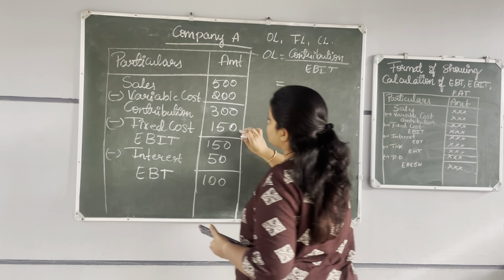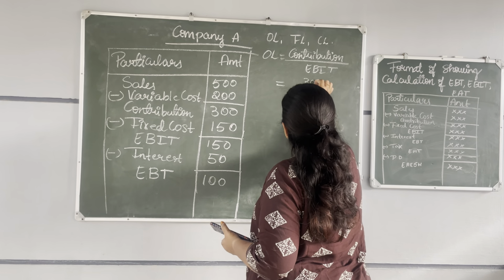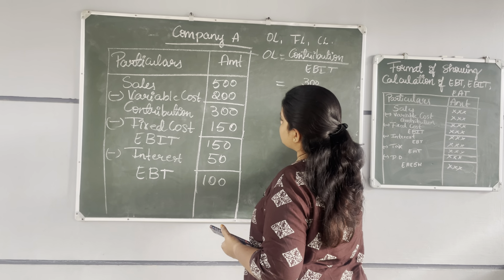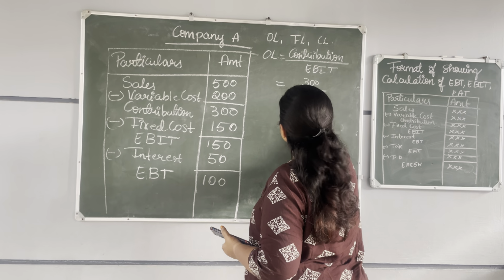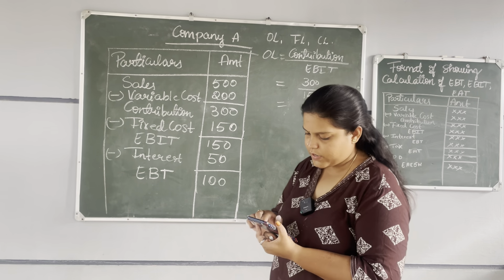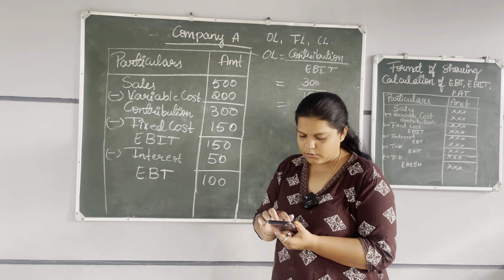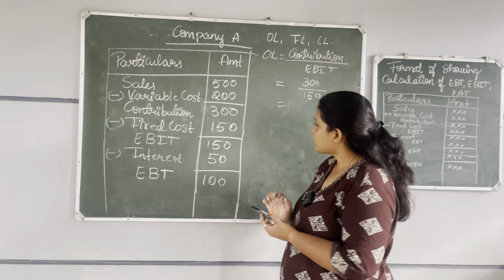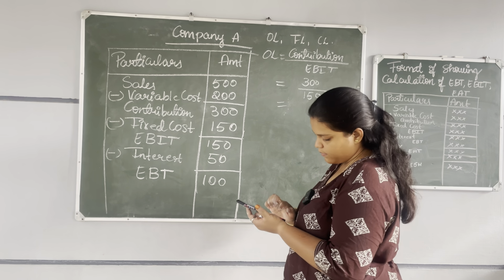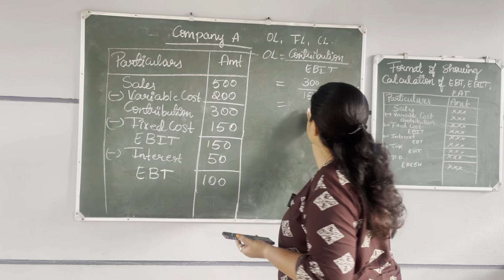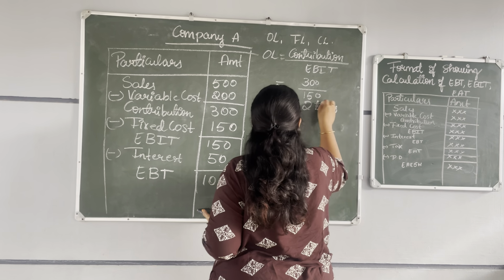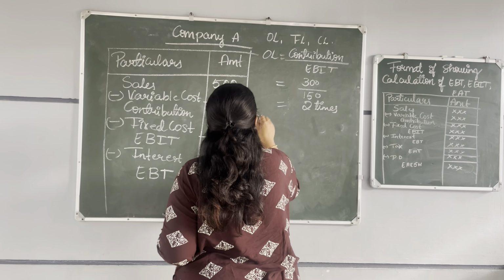Here contribution amount is 300 divided by EBIT amount 150. Take a calculator and calculate 300 divided by 150. How much are we getting? Here 2 times.